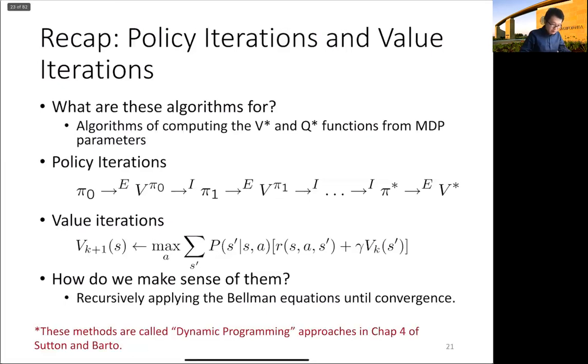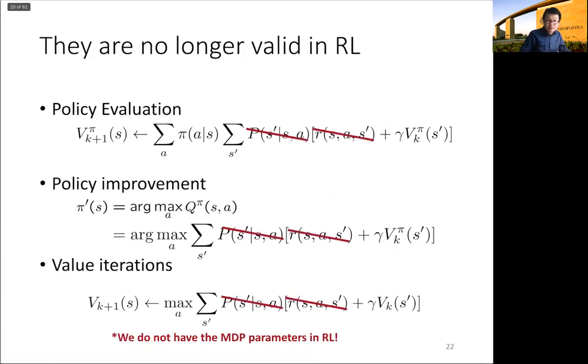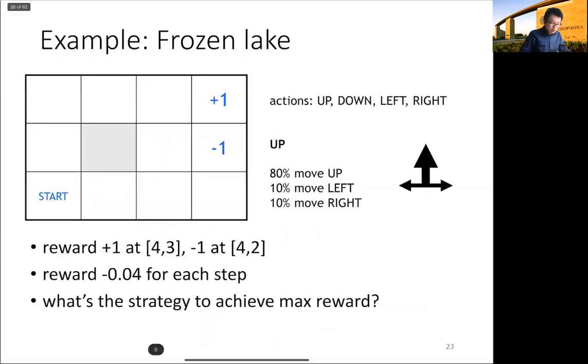These are called dynamic programming, and we're already familiar with how they work. But I want to point out that they are no longer valid in reinforcement learning, because none of these are actually known to us. So what can we do?